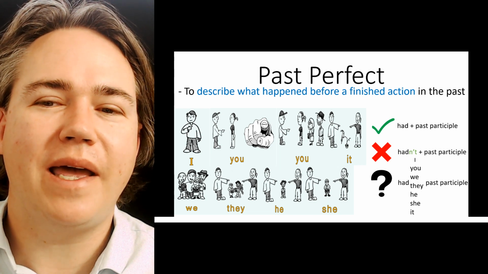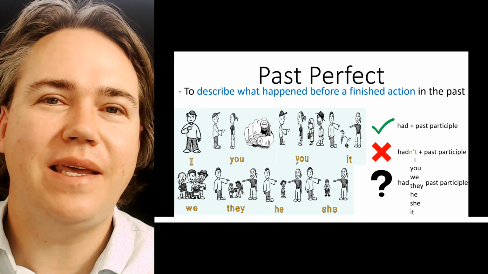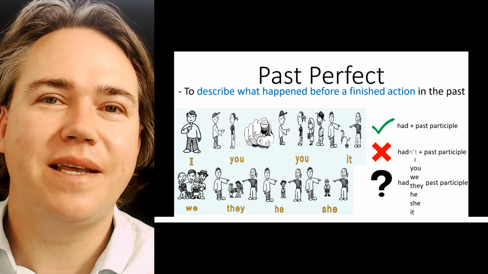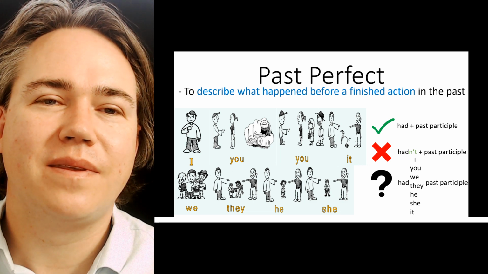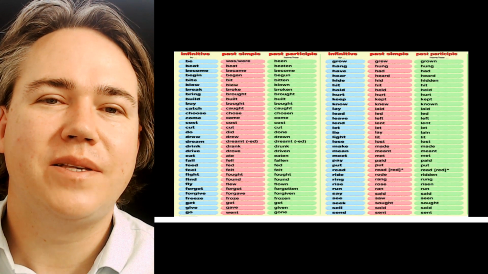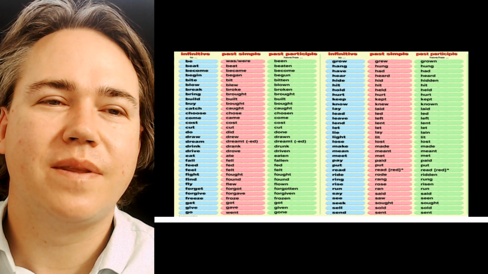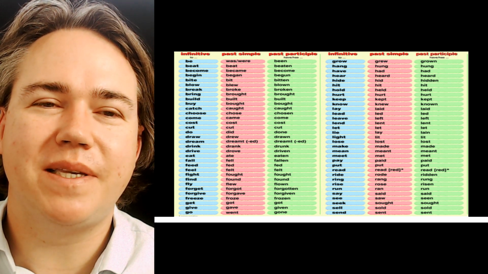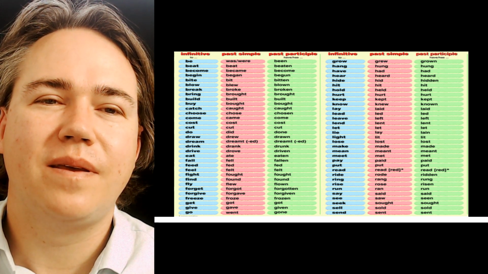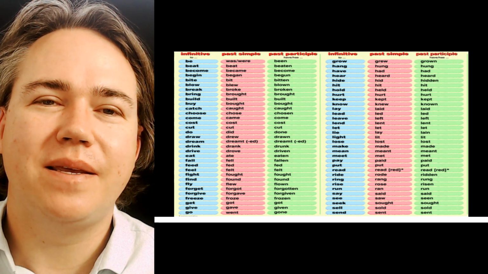Or had I, had you, had we, had they, had he, had she, had it, and past participle. So the past participle is the third column. So am is are is present simple. Yeah, was were is past simple, but been is the past participle.